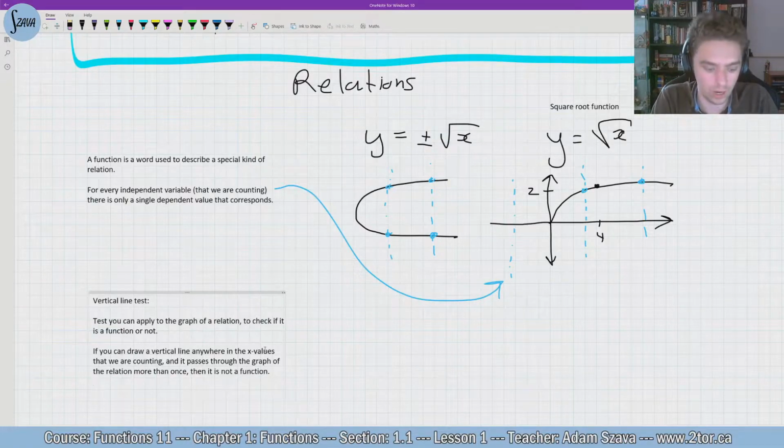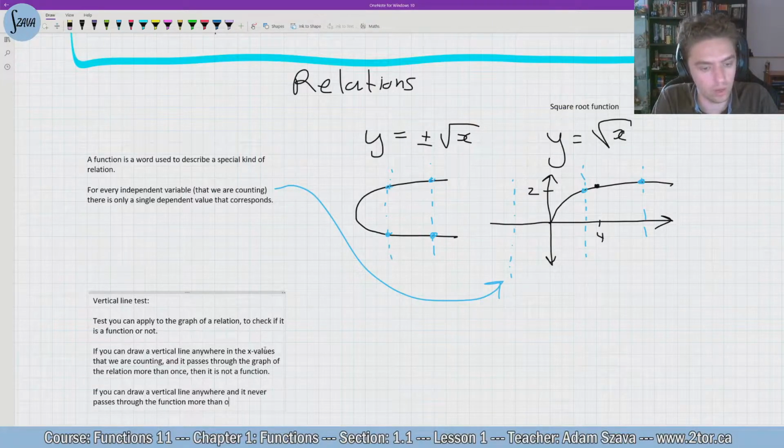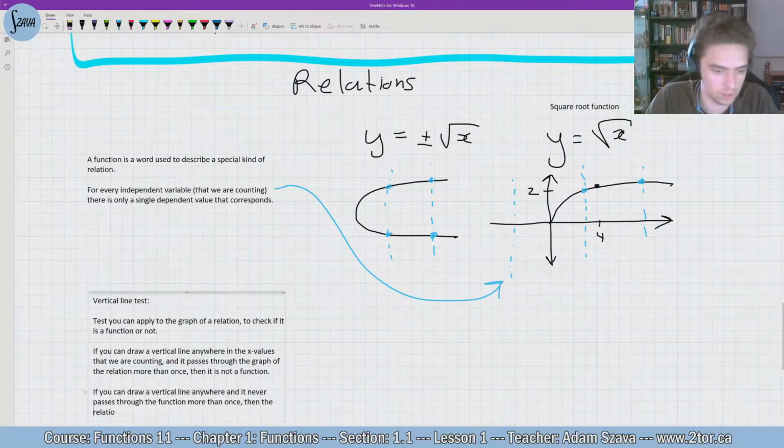If you can draw a vertical line anywhere and it never passes through the graph more than once, then the relation is a function.